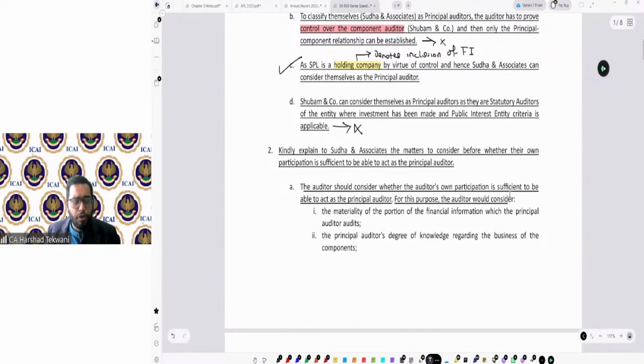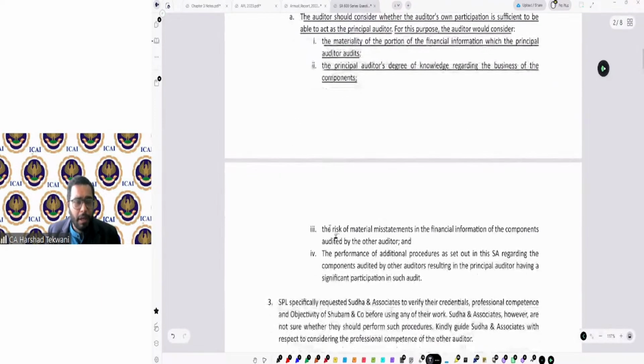For this purpose, the auditor should consider the materiality of the portion of financial information which the principal auditor audits, the principal auditor's degree of knowledge of business of components, the risk of material misstatement in financial information of components audited by other auditor, and the performance of additional procedures as set out in the standard. Remember the additional procedures that we discussed. So these are the matters required to be considered in order to identify whether the auditor's own participation is sufficient to act as a principal auditor or not.